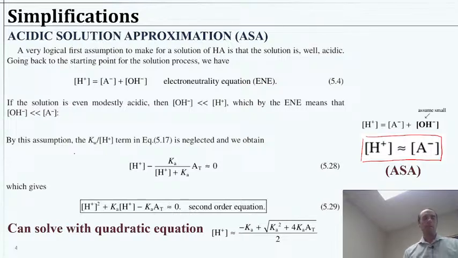Okay, so then if we make this assumption, then normally we have to account for the OH minus with a Kw divided by H plus term when we are building our mass balance or our overall solution term. So normally we would have H plus equals A minus plus, and here we would put Kw divided by H plus as a substitution in there.